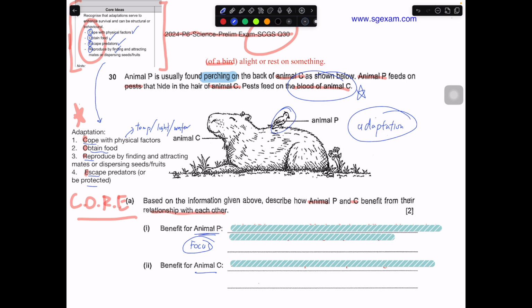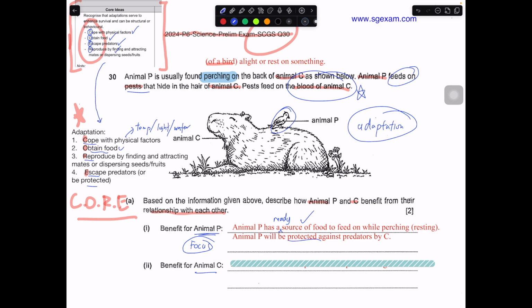Is it obtain food? Yes, because it already tells you that it feeds on the pests. So it has a ready source of food around it because it's directly on animal C. This could be part of the answer. You can put: has a ready source of food to feed on while perching or resting on the animal.